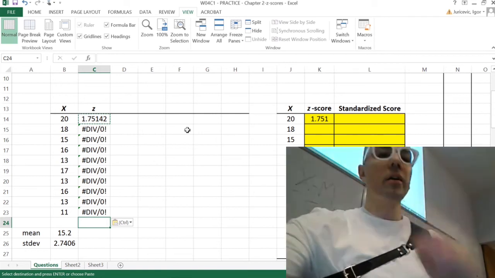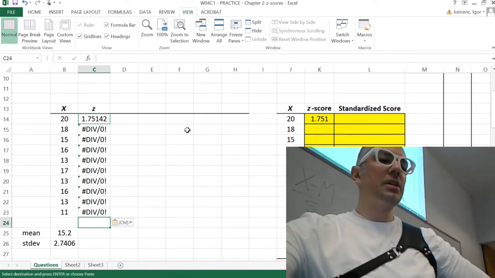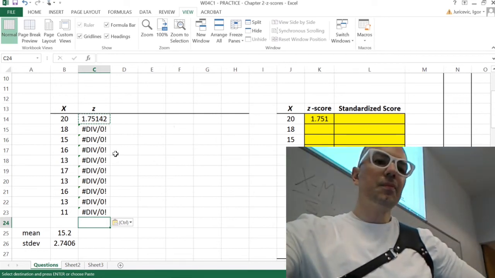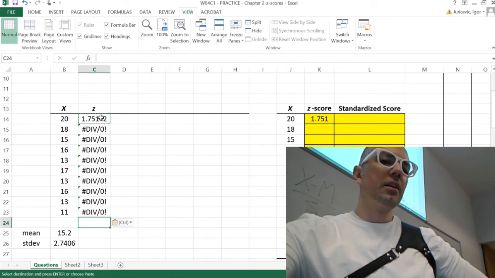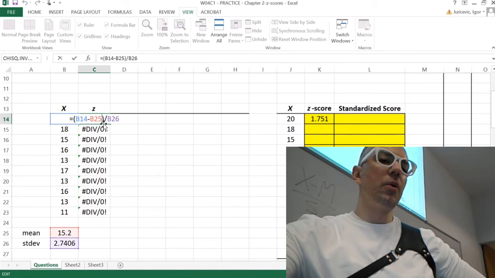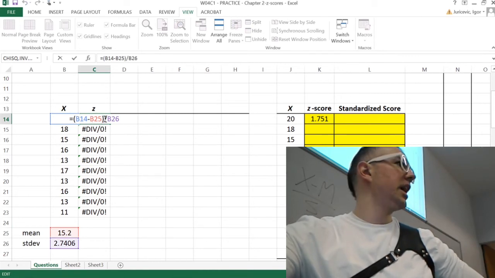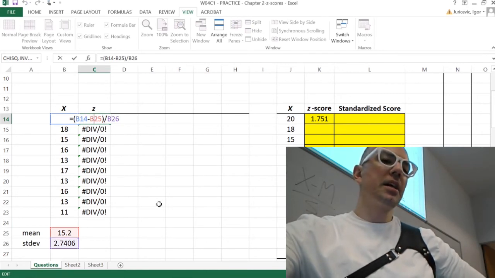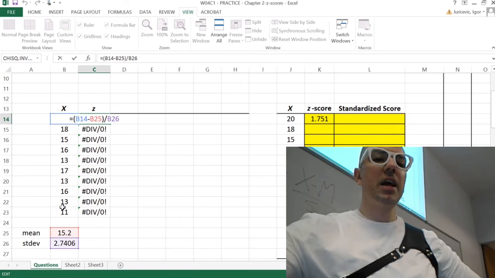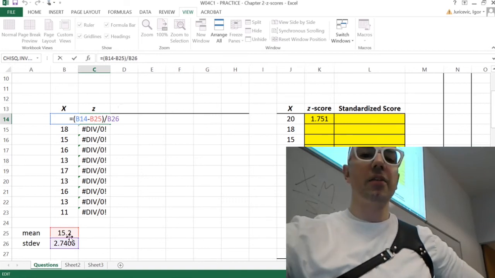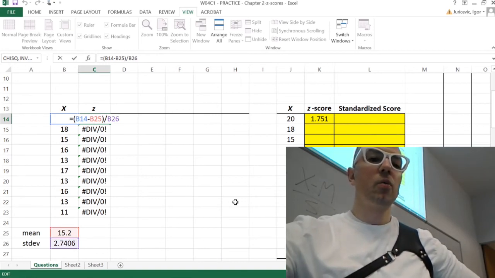So what went wrong? Well, what went wrong is that we set up our formulas wrong. So you'll notice that if we double click on this first formula over here, the colors here will let you know which cells are being accessed to calculate this formula. So we're accessing the X score, the raw score. That's great. We're accessing the mean. That's exactly what we want. We're accessing the standard deviation. Perfect. And that's why this particular score worked.